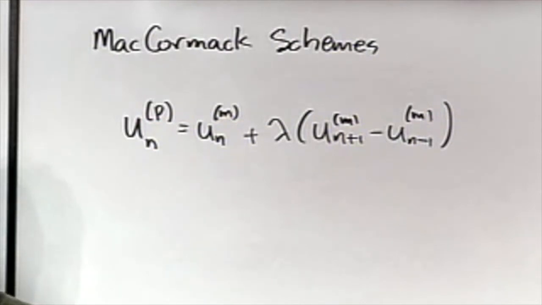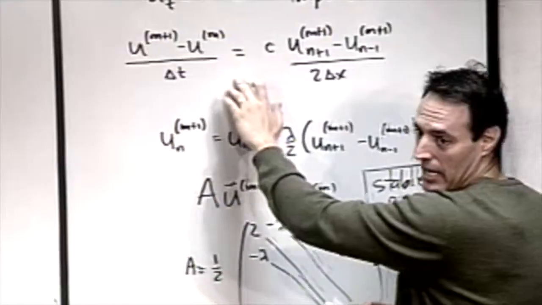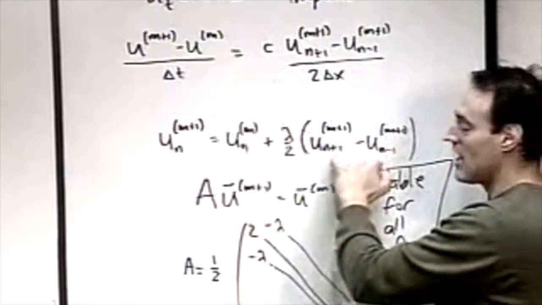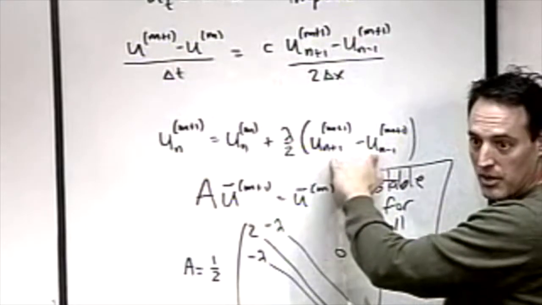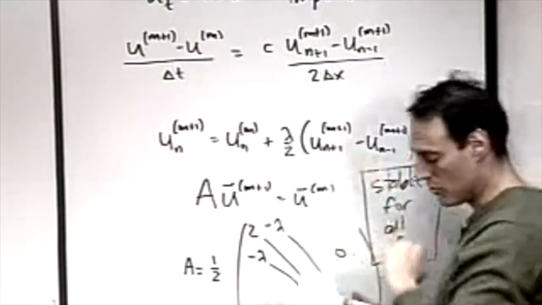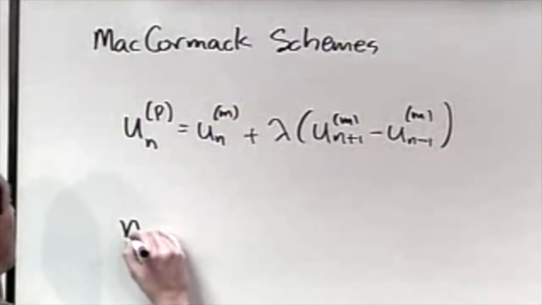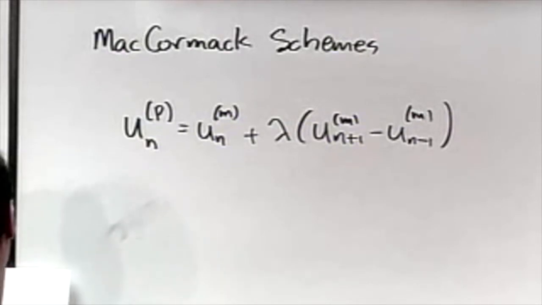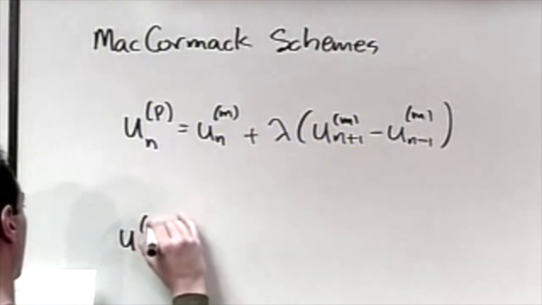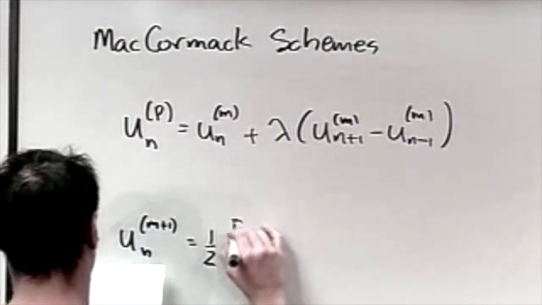You can say, okay, I know what it is. I know that this scheme over here is much more accurate. But it relies on the future points. But instead of putting in the future points, why don't I just put in my predicted future point? So it's a two-step process. So you say, okay, my actual future point is going to be the following.